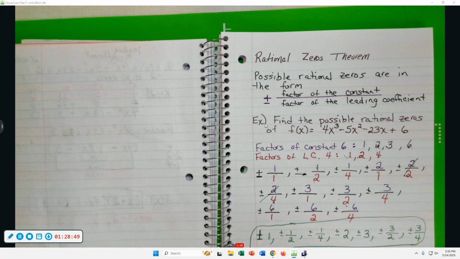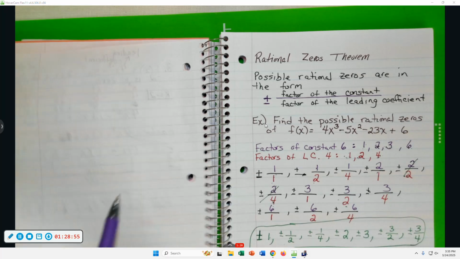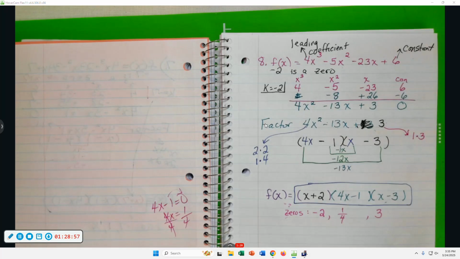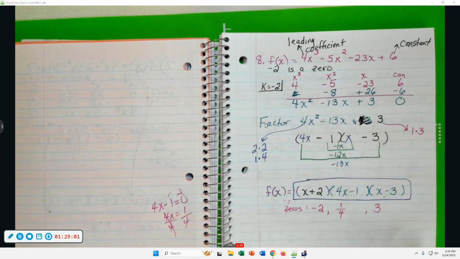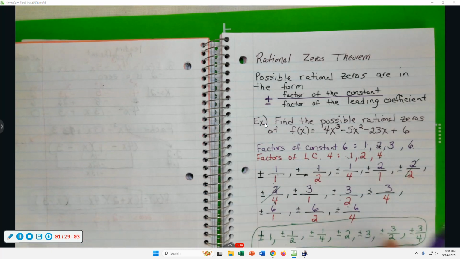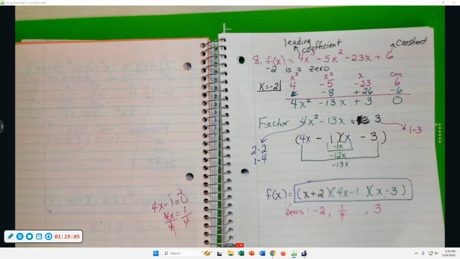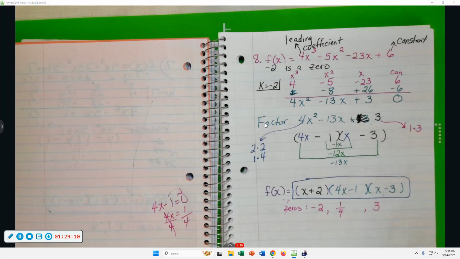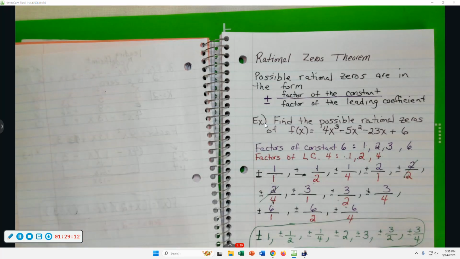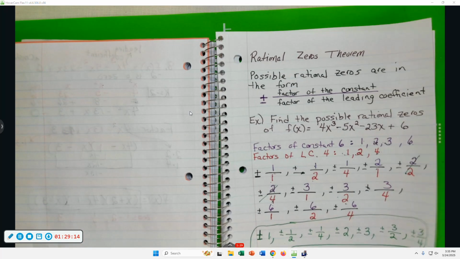If there's ever a time where you're having to find zeros of polynomials, or you need to factor a 3rd degree polynomial and they don't tell you what a 0 is, then you can go ahead and find the possible zeros and then start plugging them in or doing synthetic division until you find the ones that give you 0.